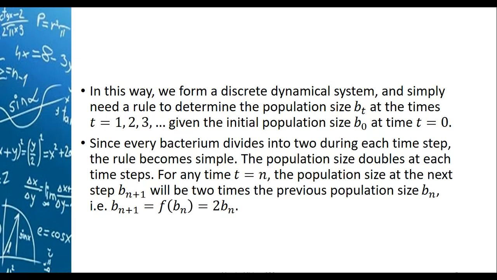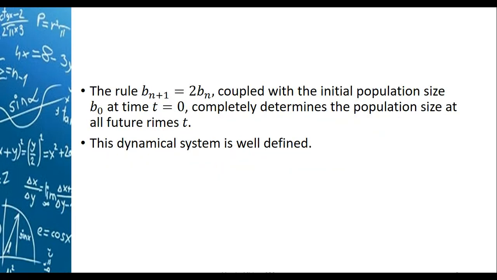That's the concept of it. Now, since we are dealing with a dynamic system, we need to have the first prior state. We call that the initial points or initial states. So in this case, you have the rule, which right now is just bn plus 1 equal to 2 bn.